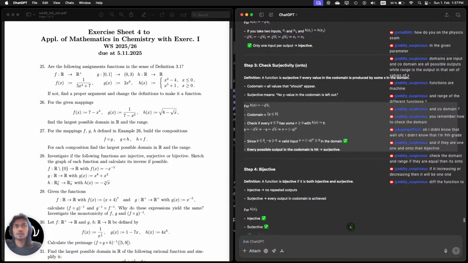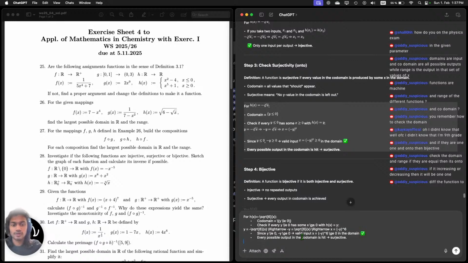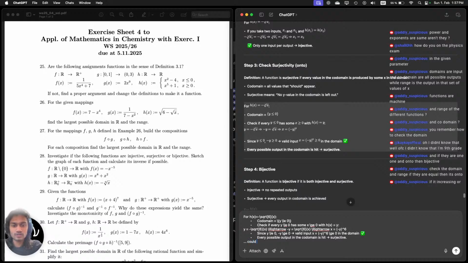Every possible out. Okay, could you explain this? How you doing, Shallow? How's it going? It's been a while. How is the temperature? Is it still bad? Power and exponents are the same, aren't they? Yeah, like 2 squared, that's square. They're the same.